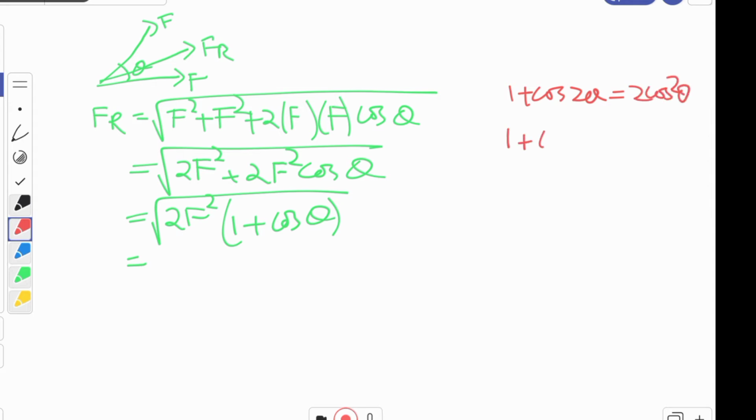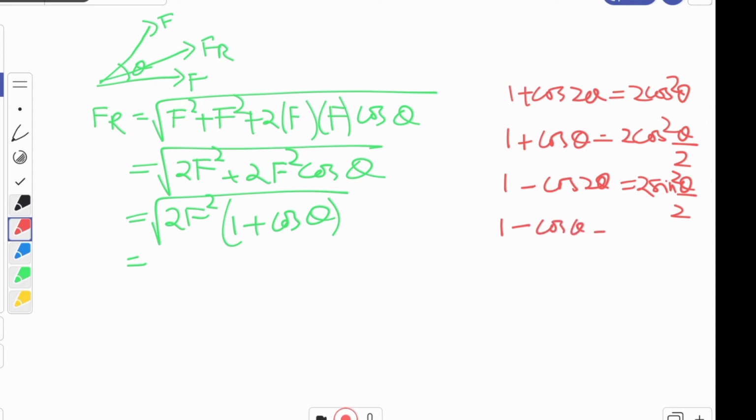So 1 plus cos theta is equal to 2 cos square theta by 2. 1 minus cos 2 theta is equal to how much? 2 sin square theta. And 1 minus cos theta is equal to how much? 2 sin square theta by 2.